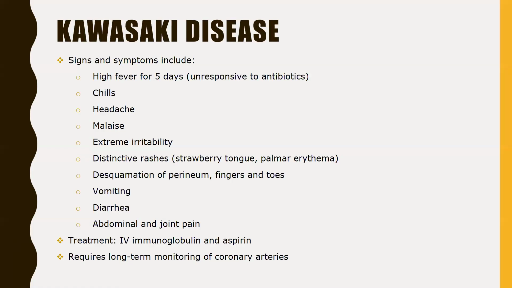It's the leading cause of acquired heart disease among children in the United States, and it affects all ethnic groups, but more frequently in those of Asian or Pacific descent. It is self-limiting, but can cause cardiovascular complications like coronary artery aneurysm and cardiomyopathy. So it's something we shouldn't just take lightly.